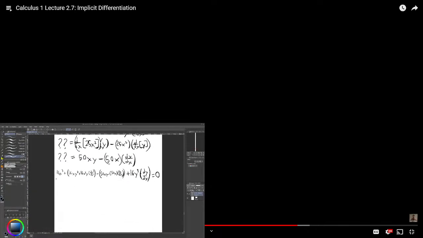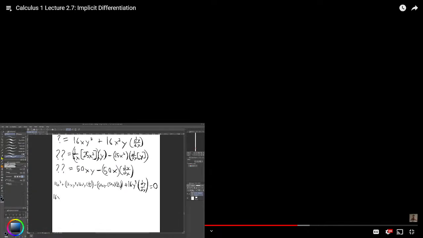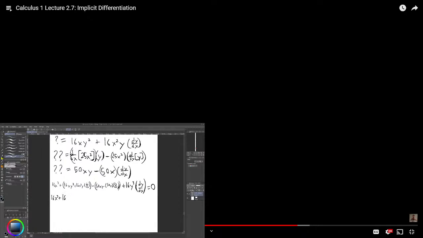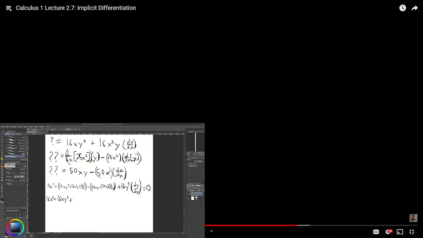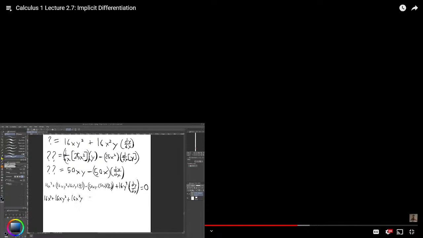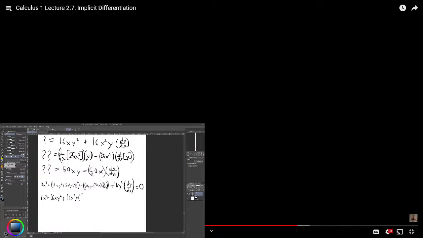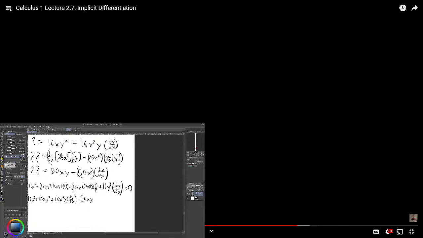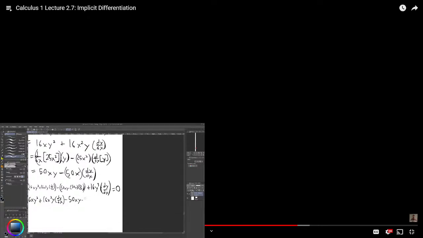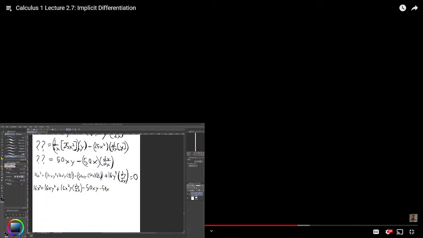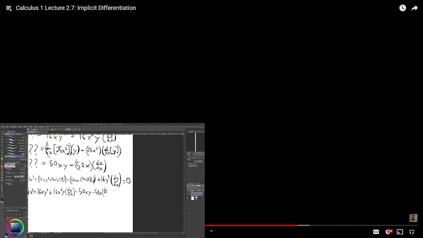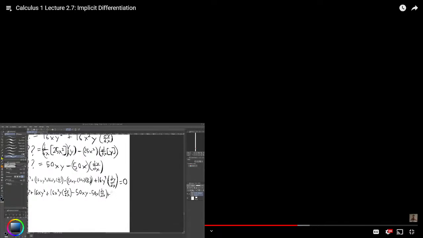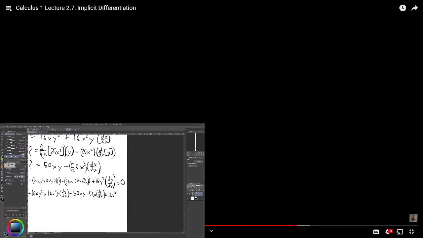Yeah, this is certainly one of the problems ever. 16x cubed plus 16xy squared plus 16x squared y dy/dx minus 50xy minus 50x times dy/dx plus 16y cubed dy/dx equals 0.